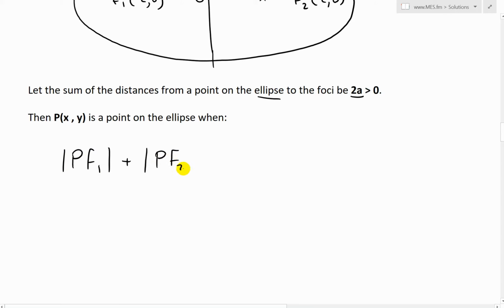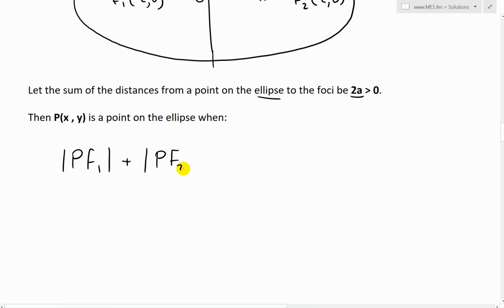This is just going to be the square root of x minus c, squared, plus y squared, and this is the same thing as x minus c in normal brackets, not absolute value, because it's going to be positive regardless. And now this equals 2a. I'll just write this as by the Pythagorean theorem, and you can learn more about that in my earlier video where I prove it.